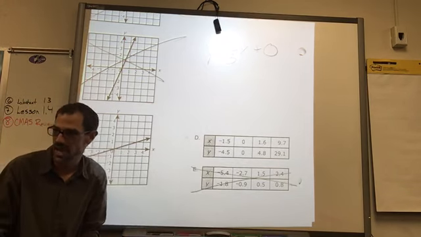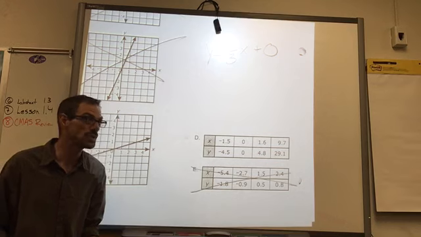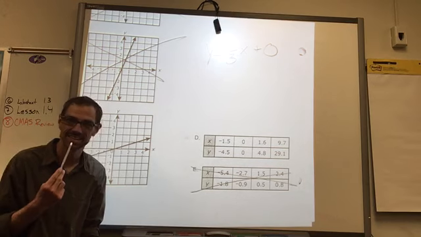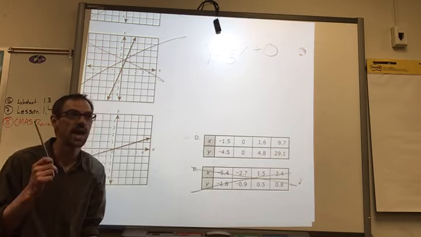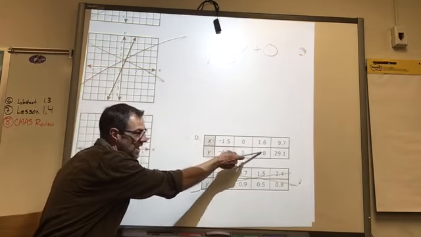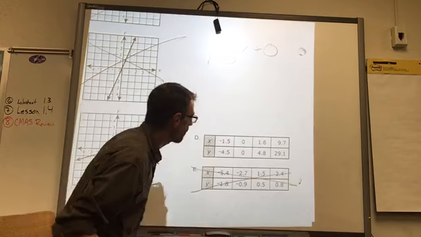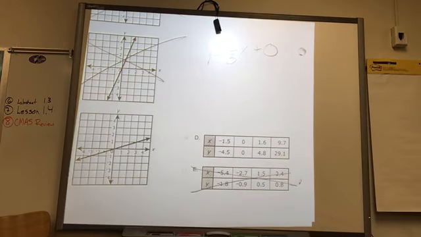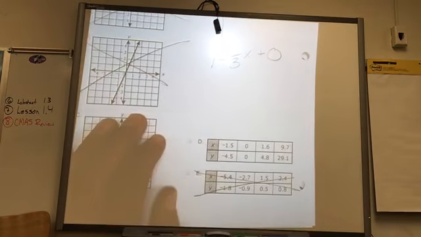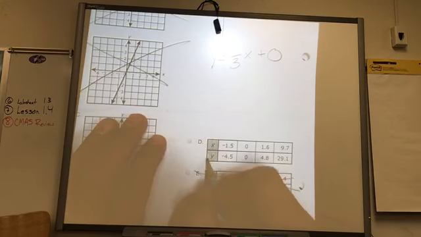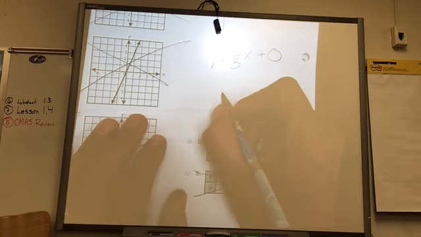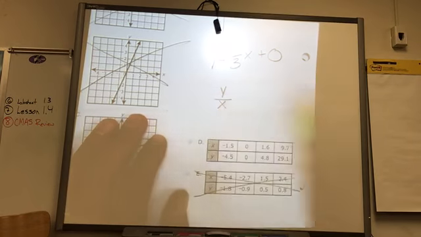How do you find a rate in a table? Does anyone remember? We just kind of did it. So I could do this here, I could do that there, or I could do that right here. So I could divide 1.5 by, and that's the one I'm going to choose.